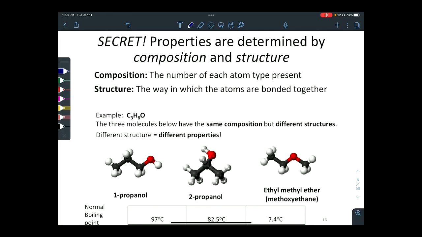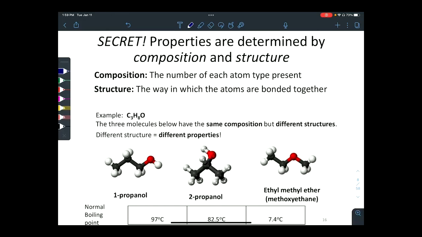So what you see right here are three different molecules. They all have the same formula, C3H8O. They all have the same exact atoms present in their formula. But the difference is that their atoms are bonded differently to one another. Structure is really important in this example, because it's the structure that is different in all of them.